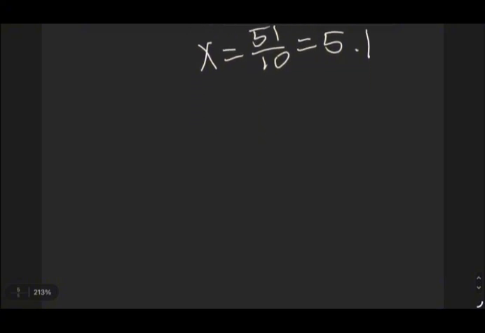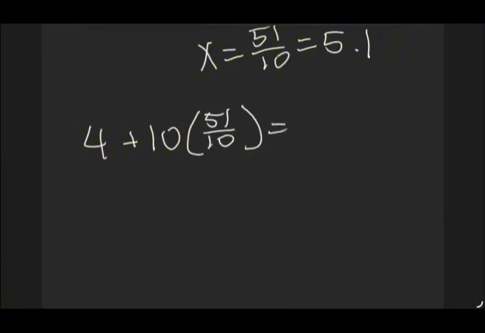If you want to check our answer, you could put the fraction form or decimal form into the parentheses. So we have 4 plus 10 times 51 over 10 is equal to 55. See if that's correct. So 4 plus 10 times 51 is 510, over 10.